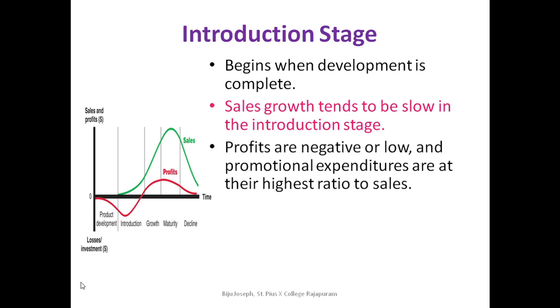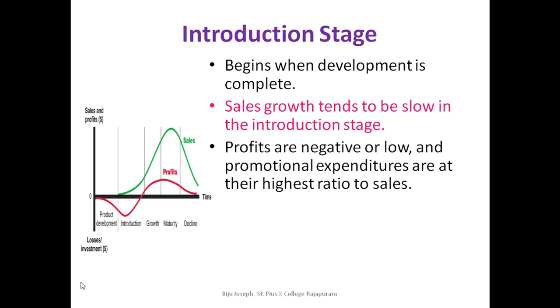Sales growth tends to be slow in the introduction stage, as we saw previously. And in this stage, the profits are negative or low, because the income is not sufficient to cover the expenditure incurred for the development of the product. So surely the profits may be negative, or even if there is some profit, it may be very low.